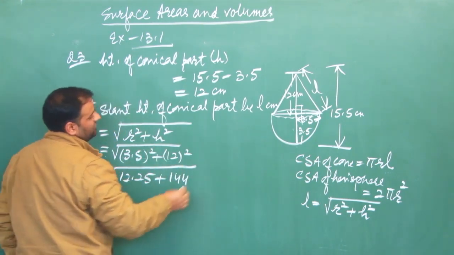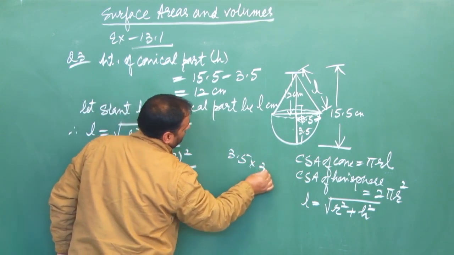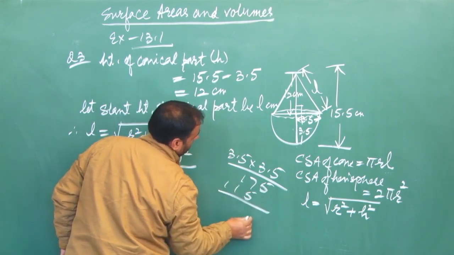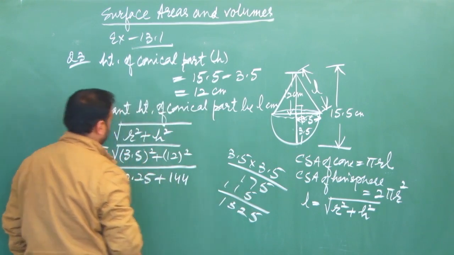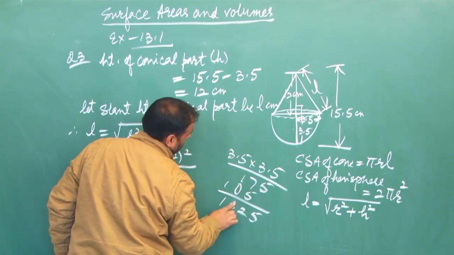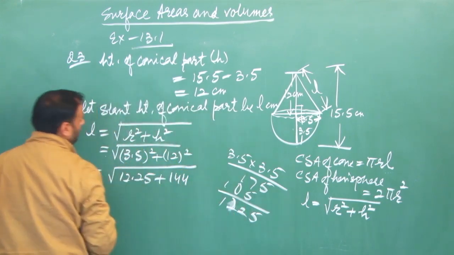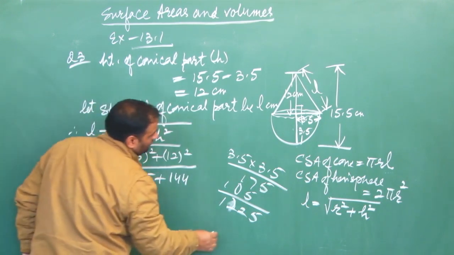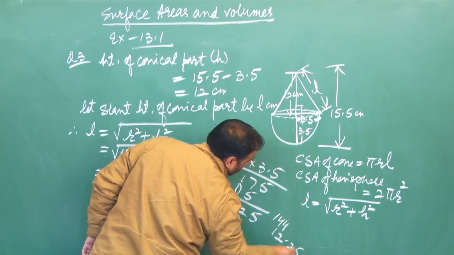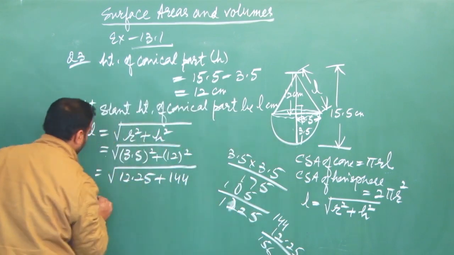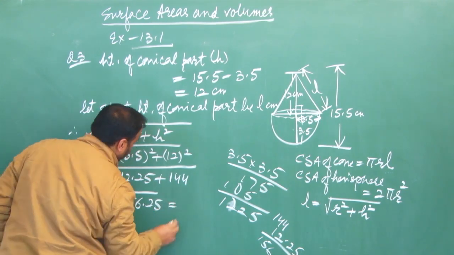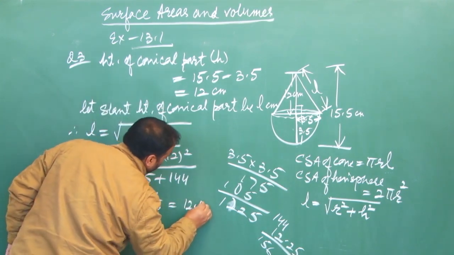In order to make yourself sure, always do manual calculations. When 12.25 is added to 144, you get 156.25. The square root of 156.25 is 12.5 centimeters.